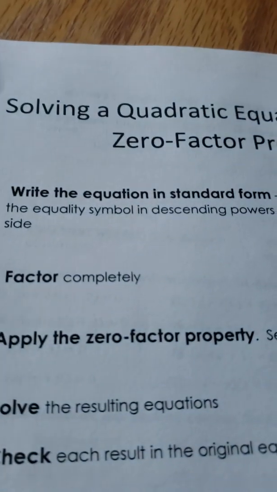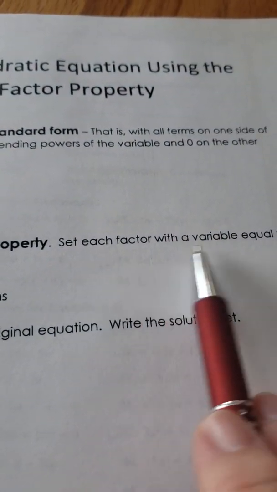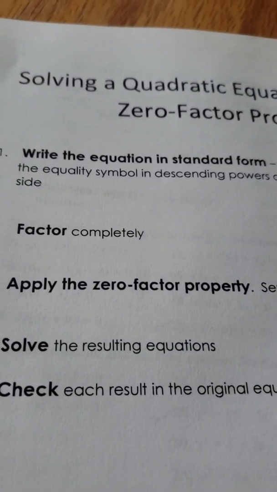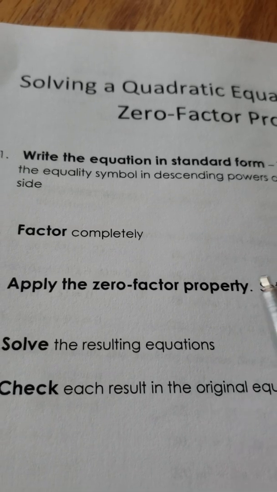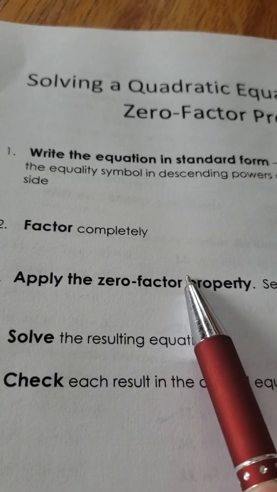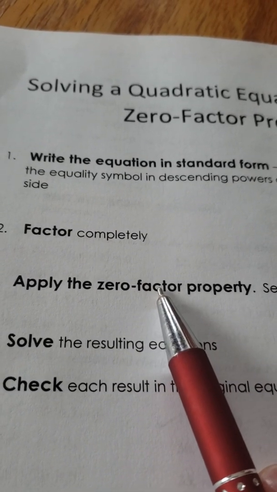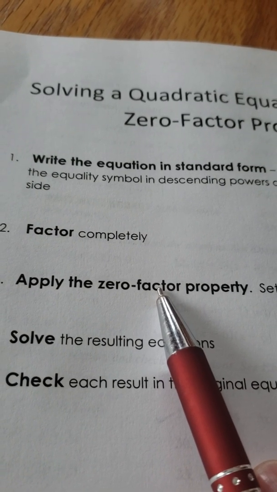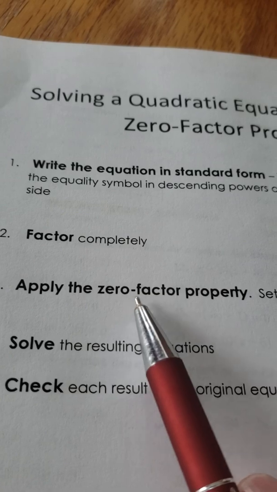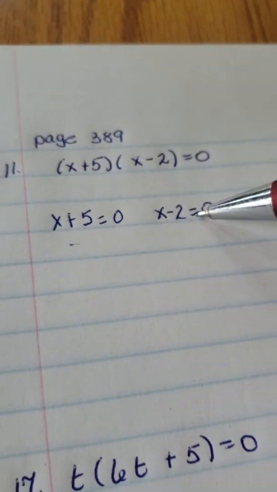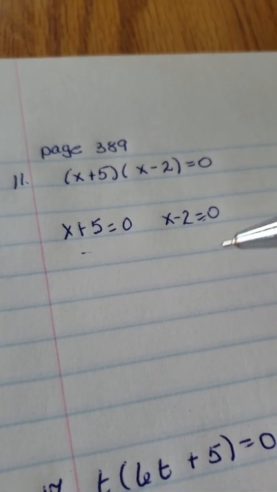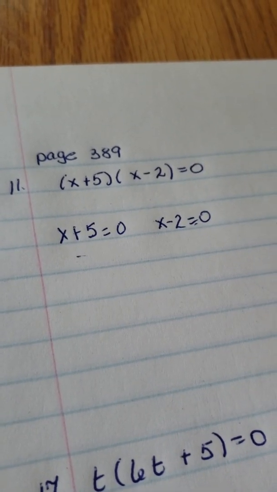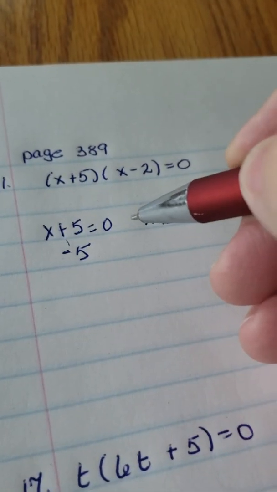We're using this idea right here, because if two numbers multiplied together equals 0, then one of them has to be 0. That's what this says. There's no way you can multiply two numbers and get 0 for the answer unless one of the numbers is 0. So in this case, we don't know which one is 0, so we look at the possibility that it could be either one, and then you solve each equation.